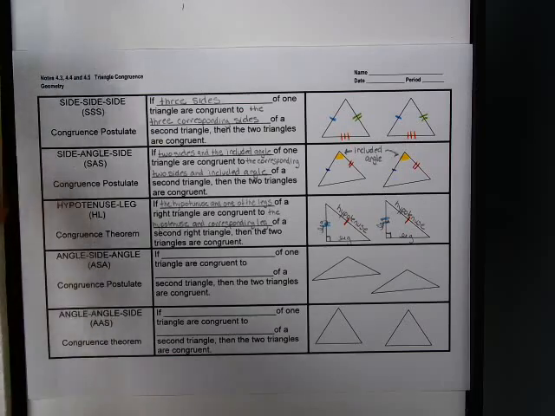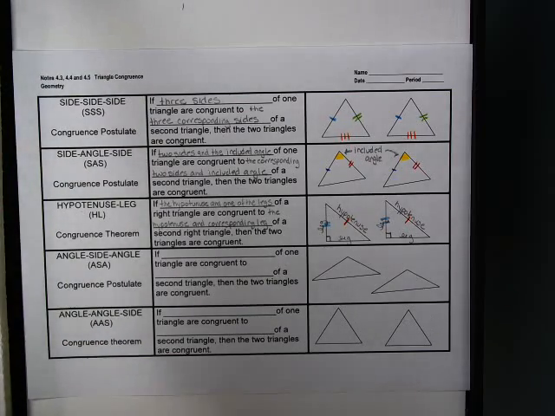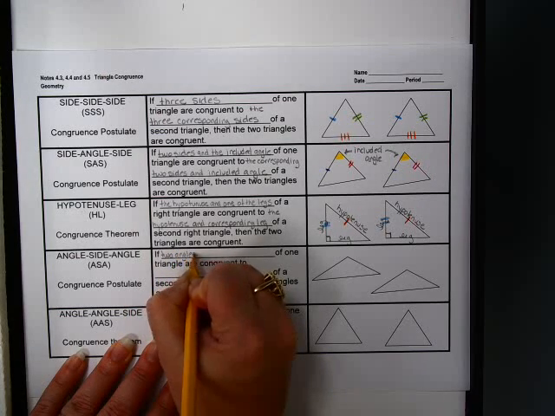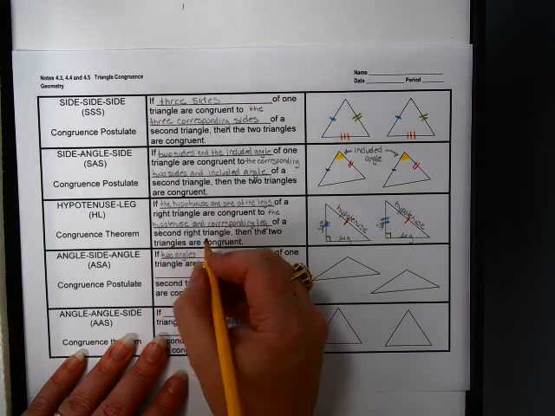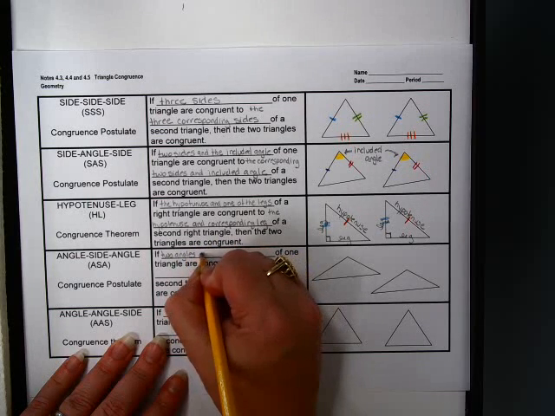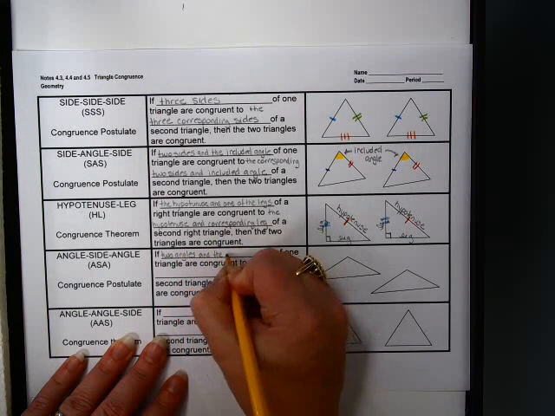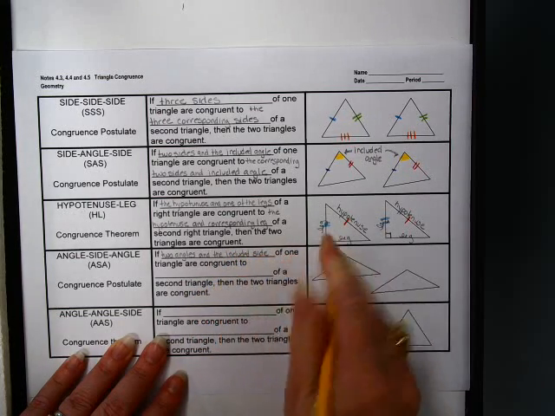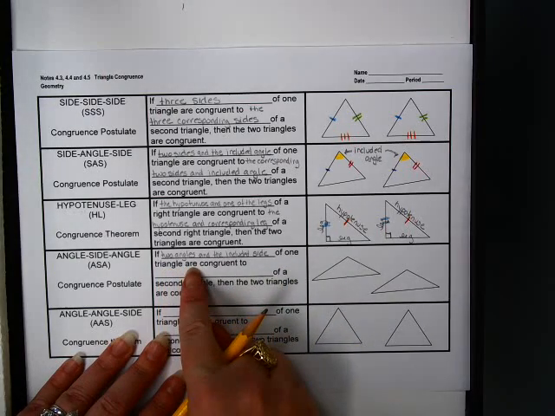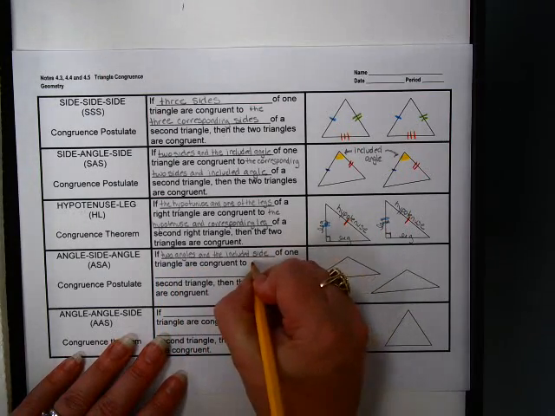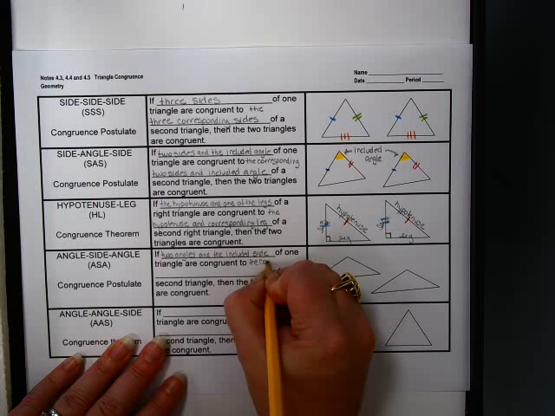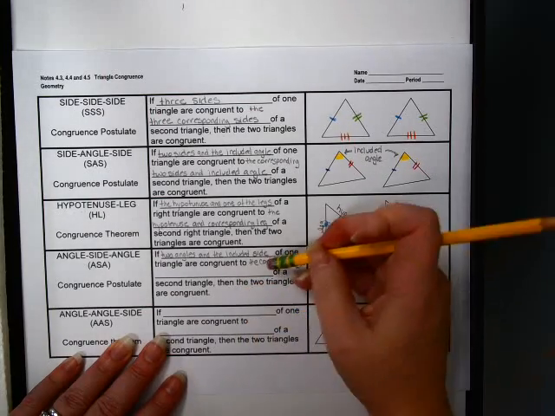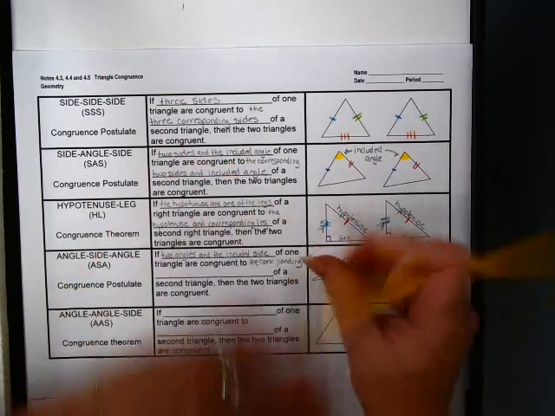So here, this one should say, if 2 angles and the included side of one triangle are congruent to the corresponding, that S looks like a G, so I'm going to fix that for you.